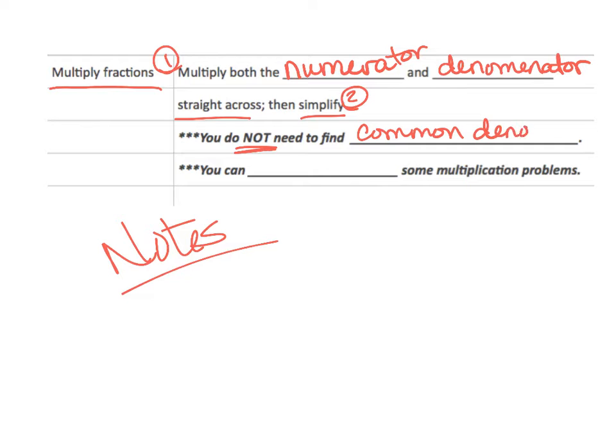Do not need to find them at all. You can also do what we call cross simplification on some of your problems, and I will show you how to do that. So if you need to pause the video to catch up, feel free. Otherwise, let's do some examples.